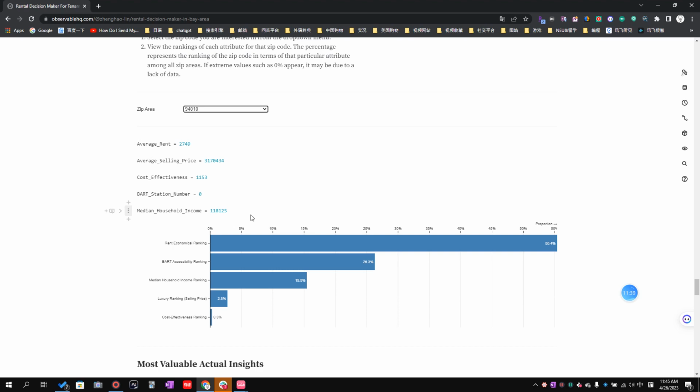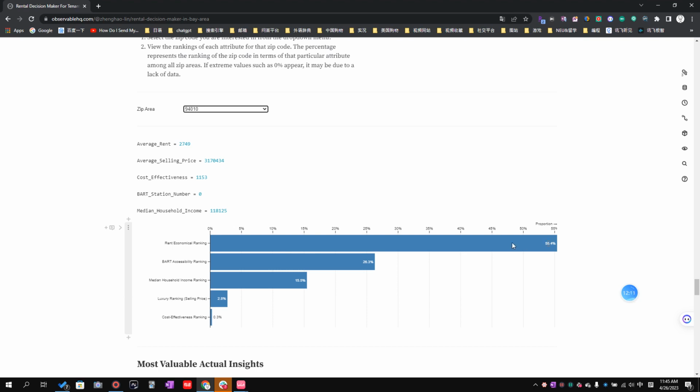First, here are the variables, and the most important is rankings among all zip areas. Here is the bar chart based on the rankings from all aspects. First, the smaller the number is, it means it's ranked higher. For example, the rent economical ranking means its rent price is at about 55%.